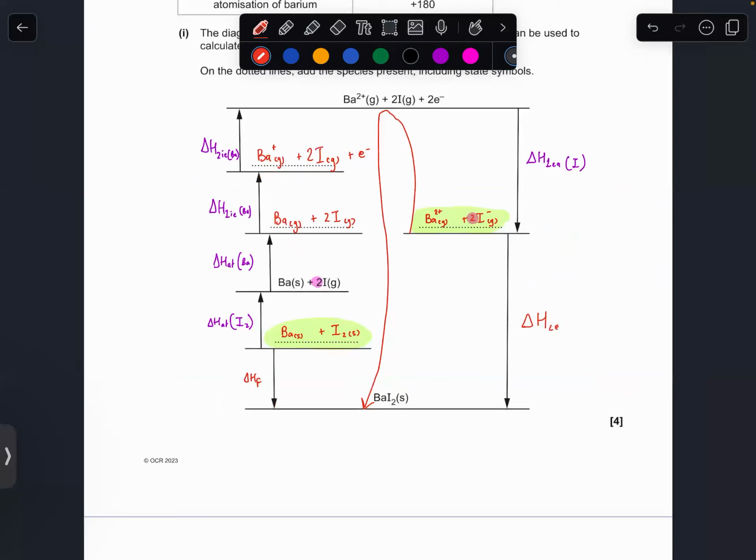And as we've discussed before, the hack, so to speak, for this is that the lattice enthalpy is equal to the enthalpy change of formation minus everything else.